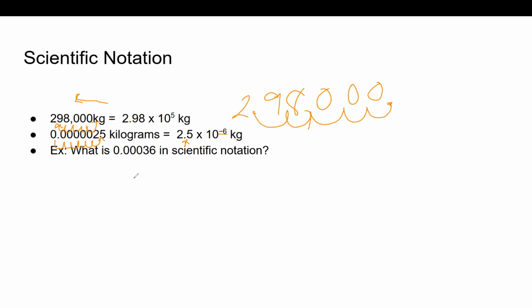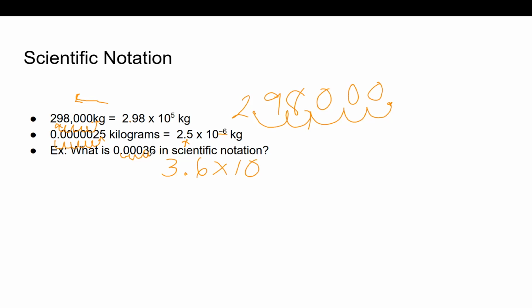Let's look at this one. What is 0.00036 in scientific notation? I'm going to move it over 1, 2, 3, 4. So if I move it over 4, it's 3.6 times 10.